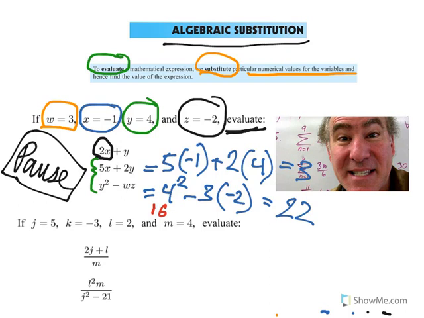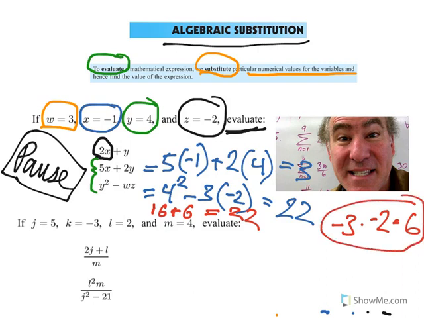So it's going to become a positive 6. That leads us to 22. Again, negative 3 times negative 2 is 6. And those two negatives tend to throw all of you off. So that's what you've got to be very careful of.